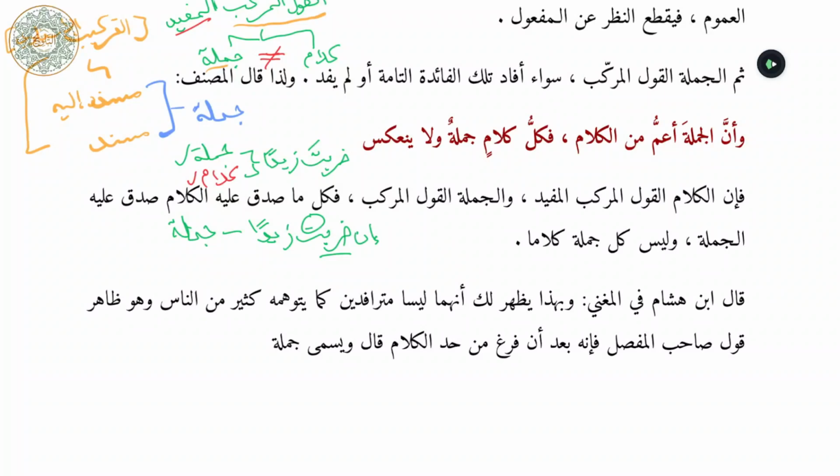When you look at darabta zayda alone from the structure in darabta zaydan, darabtuk, that structure being looked at in and of itself is not giving you a full benefit upon which silence is appropriate. And for this reason, we would say this is not a kalam. Just this structure would not be a kalam until you add on darabtuk. So notice isnad is found, and therefore we can say it is a jumla. But kalam is not found.